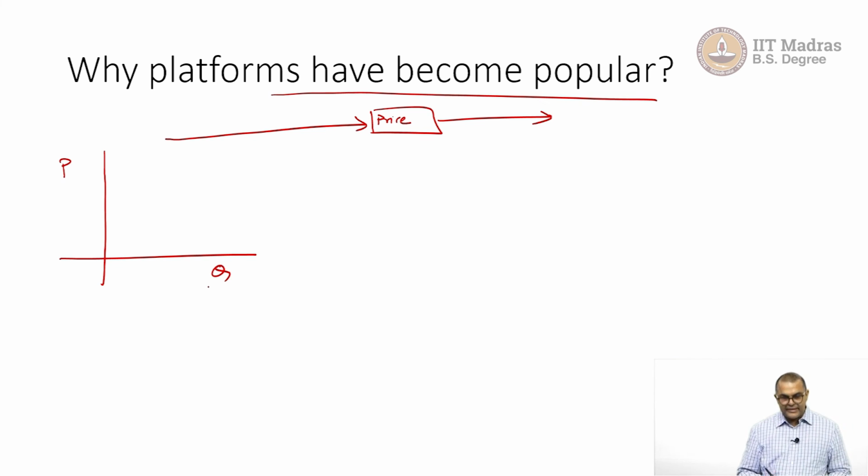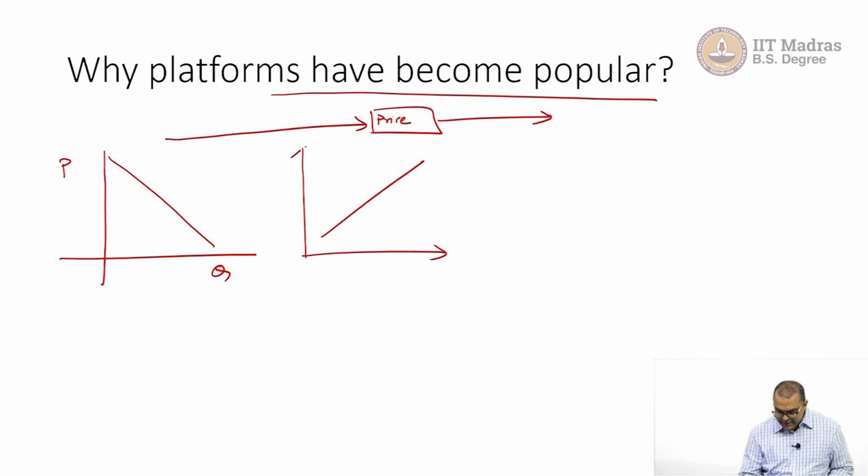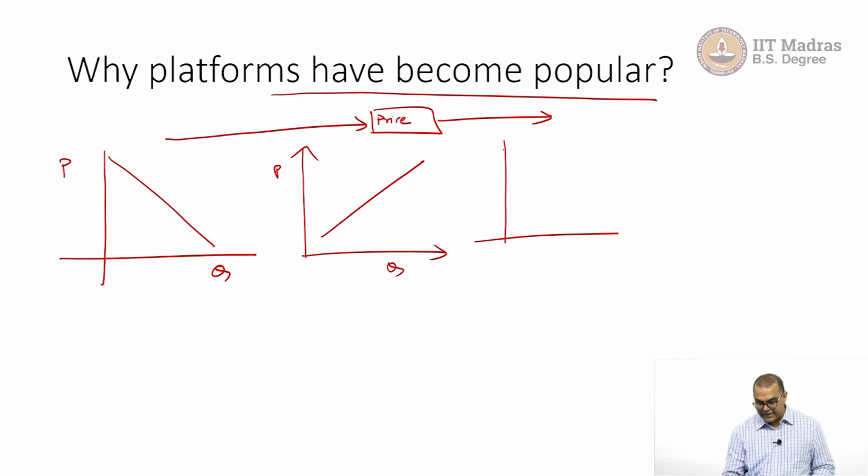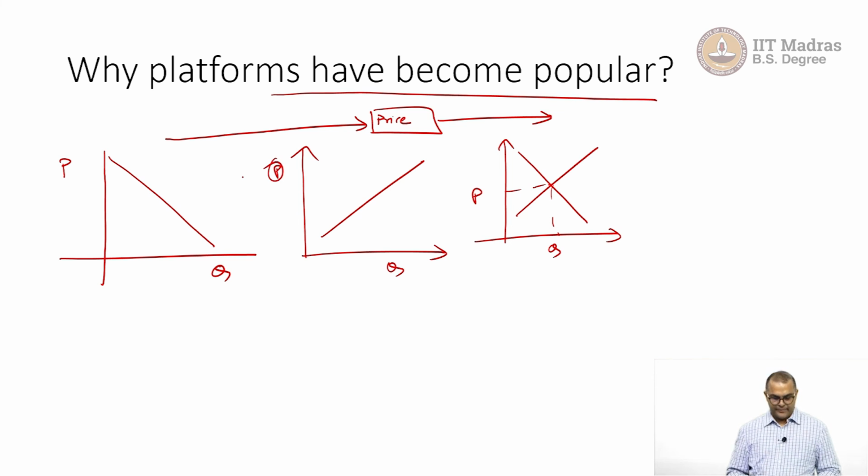On one side, there is a demand that is downward sloping. On the other side, there is a supply which is upward sloping, and you bring them together in a decentralized manner. You are not bringing them to a market. They automatically come together and price and quantity get decided. The price is coordinating. When we are talking about the demand side, we don't have to worry about the supply side.